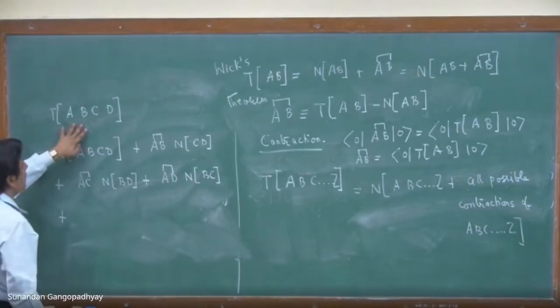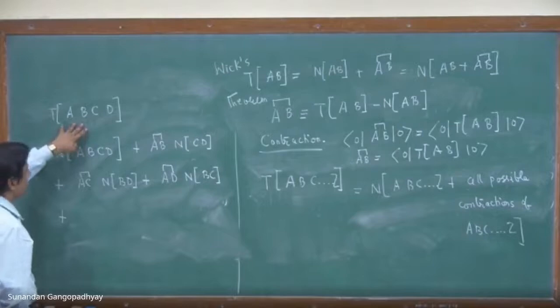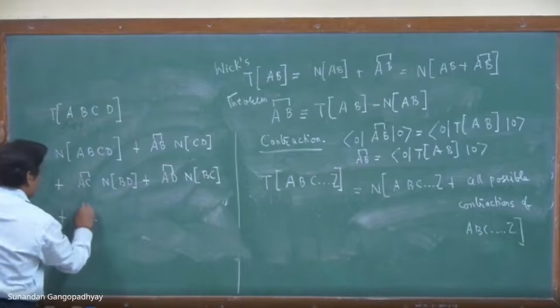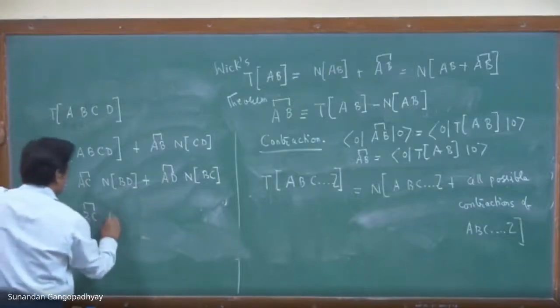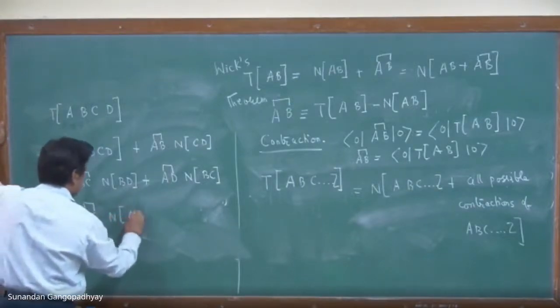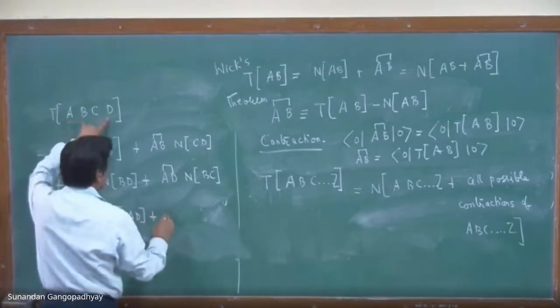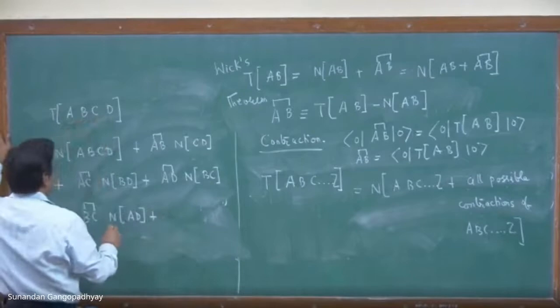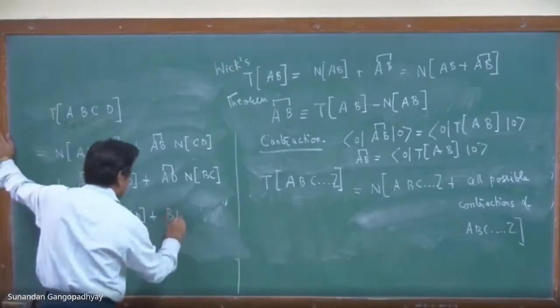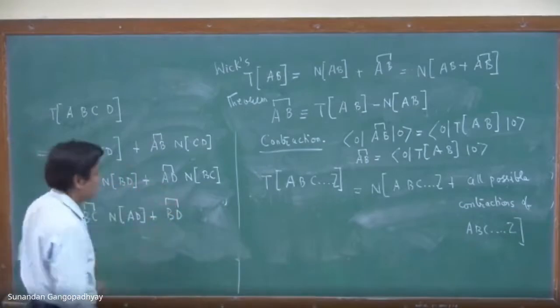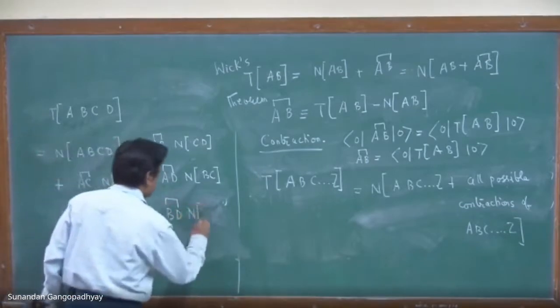So you take B with C. If you take BC, then you will have the normal order form of AD, plus B with D contraction. Just recall that these contractions are numbers, so you can take them outside the normal order form. B with D, so what remains is AC inside the normal order.